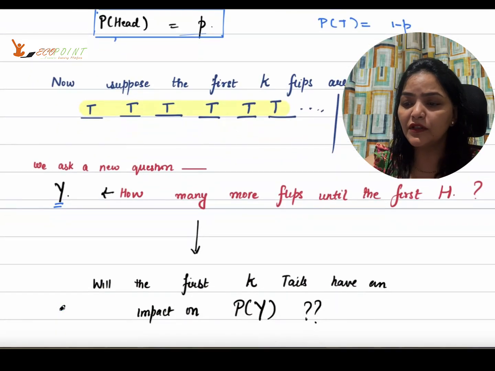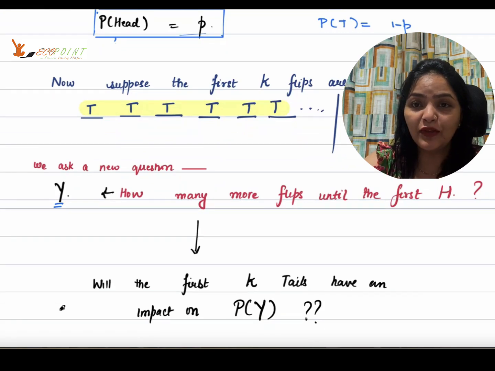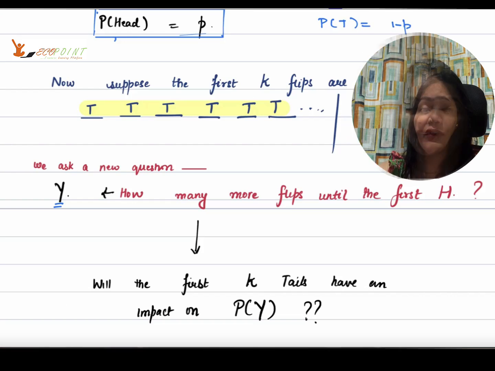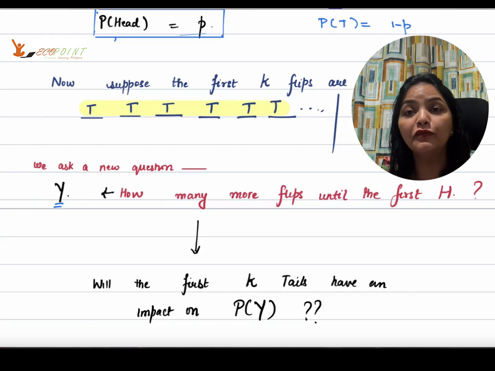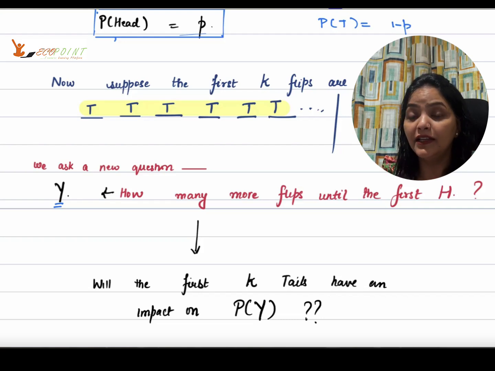Well, in this kind of situation, no. There won't be any impact of the previous tails that we already know of. That will not have any impact on the number of flips that I would need in order to get my first head from now on.